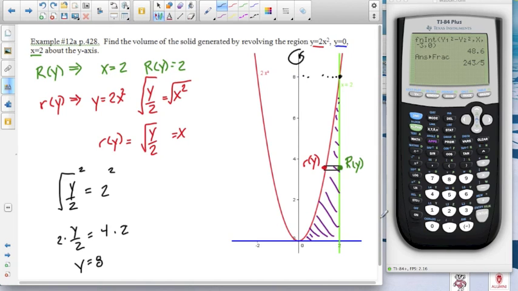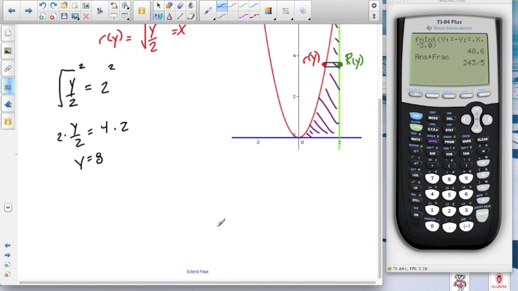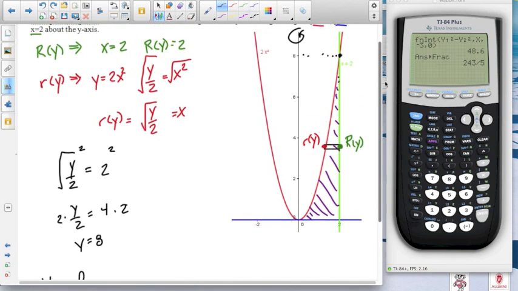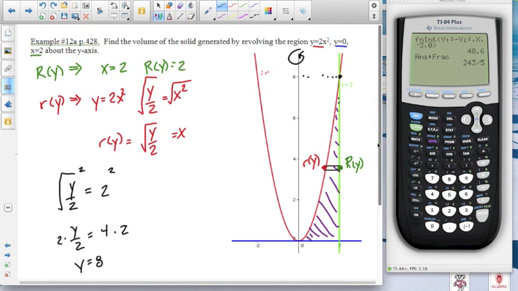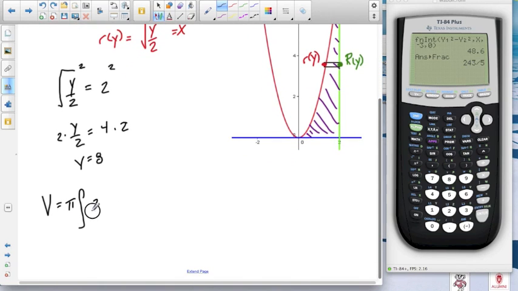And so as we set up this washer method to find the volume here, we're going to have pi and our capital R of y, which is just the value 2. X equals 2, so it's already solved for x for us. So we're going to have 2 squared minus our lower function, which is the square root of y over 2.